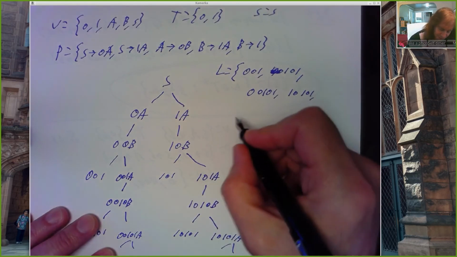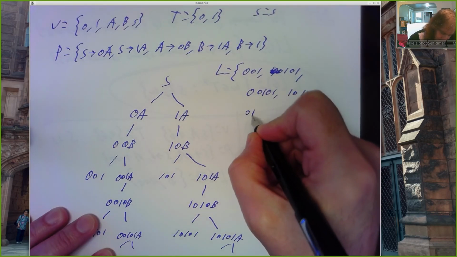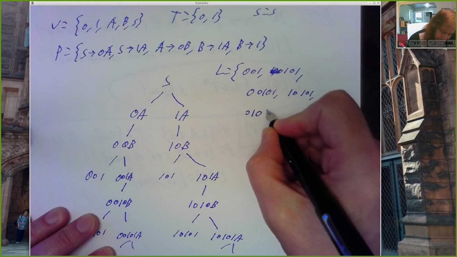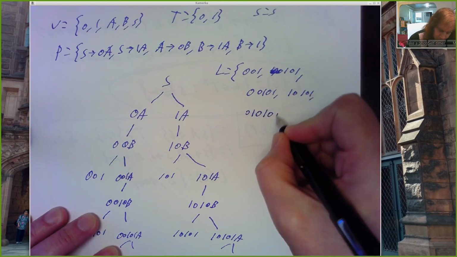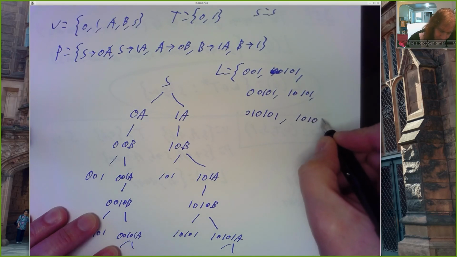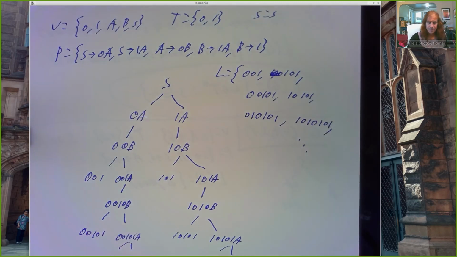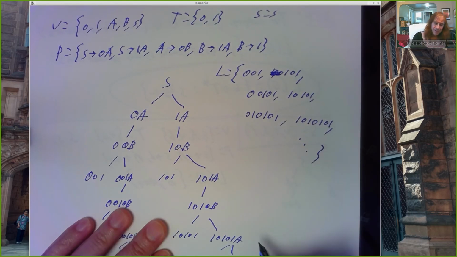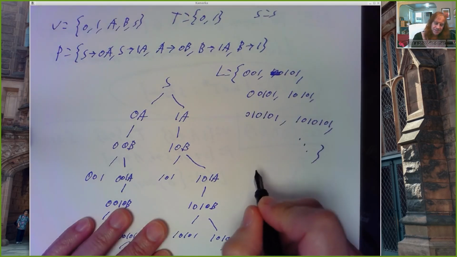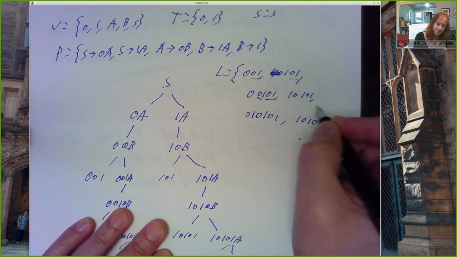So this one will take us down to 0, 0, 1, 0, 1, 0, 1, or 1, 0, 1, 0, 1, 0, 1. And so it's basically a 0 or a 1 followed by a collection of 0 1s.